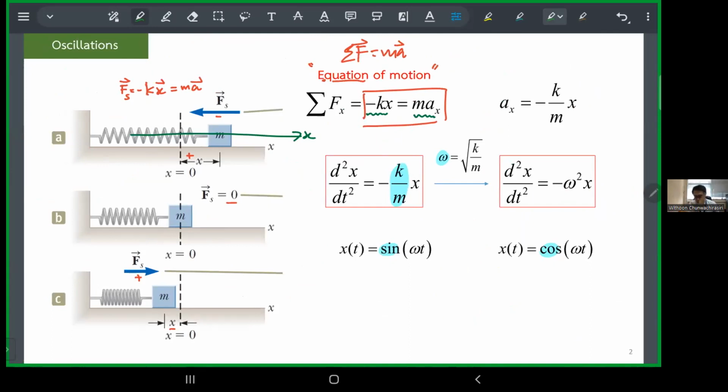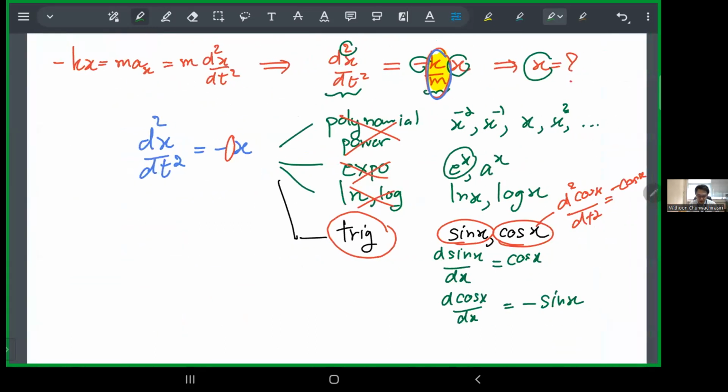But you cannot change the frequency, no matter what you play around with. You can stretch it more, you can stretch it less. Once you let it go, it's going to bounce back and forth with the angular frequency of root k over m. It cannot be changed, guys. Amazing.